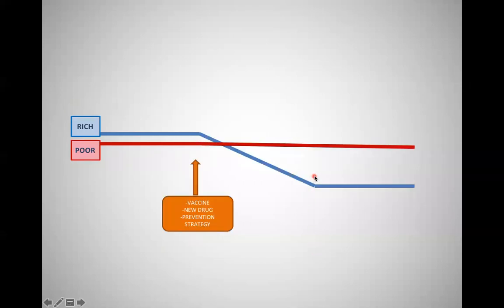So from a fundamental point of view, this is a classic pictorial representation of what happens when a new innovation, whether that innovation is a drug, a vaccine, or knowledge, a new discovery about an association between one risk factor and a health outcome, is introduced.